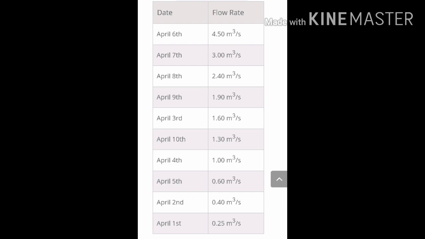So 1 day of time will become 10% of the total time. 2 days will be 20% of total time. 5 days will be 50% of total time, and so on.